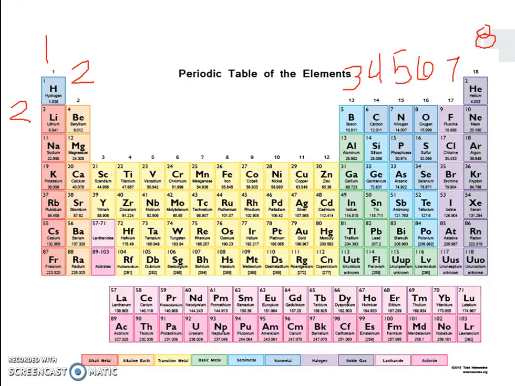The third row will have 10. And then the fourth row is actually going to have 18. And you can just know up to that point. So anything in this row, lithium, beryllium, boron, carbon, they all will have 2 core electrons. So that also hopefully will be helpful to you.